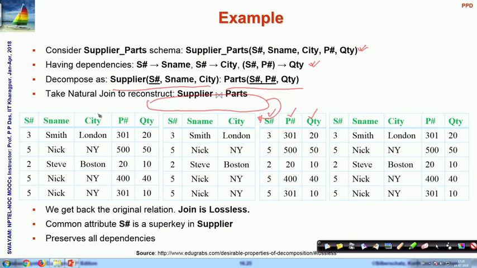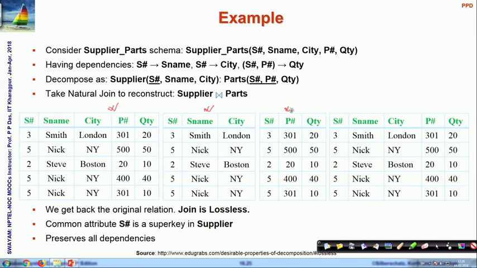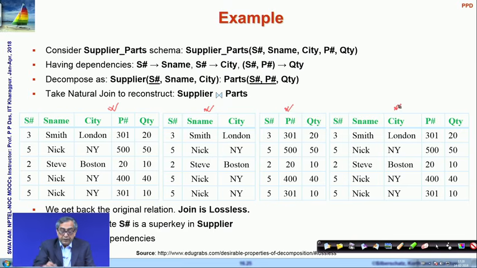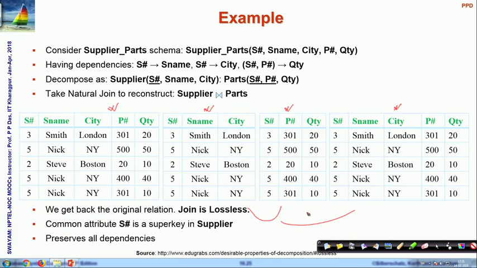Now, we find that this was the original relation, this is the projected supplier relation, this is the projected parts relation, and this is the natural join of these two relations, and we find that they exactly match with the original relation. So, we have not lost any information, we get it back.